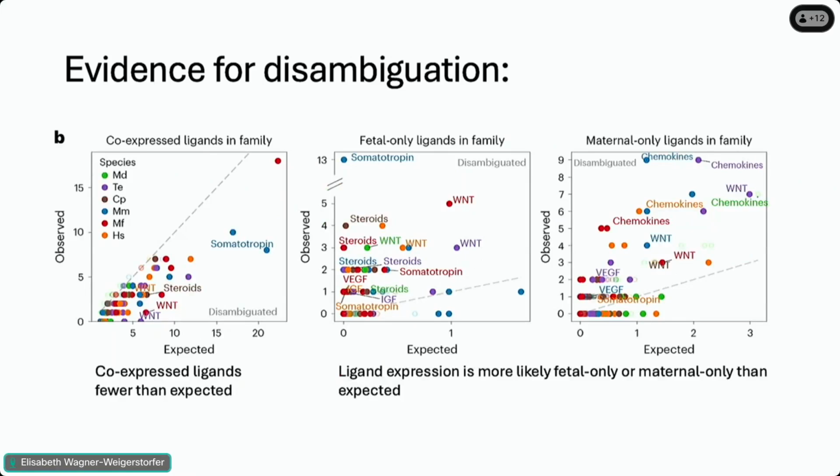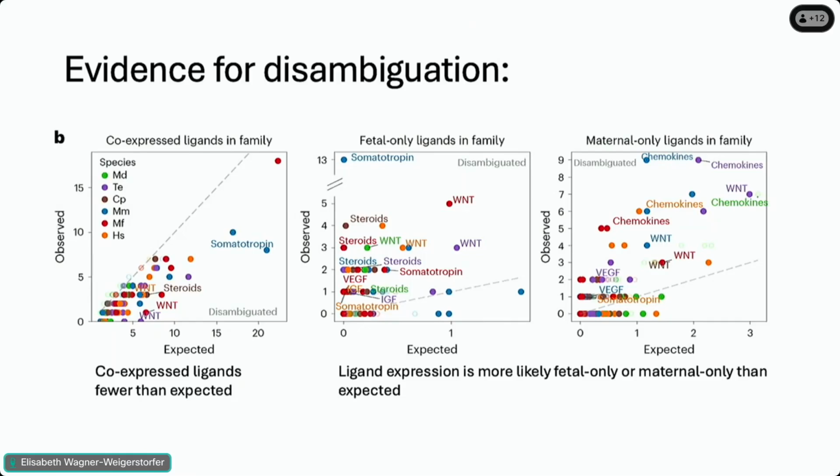So here these are co-expressed ligands in a particular family of ligands, like Wnt or steroids or somatotropins and so on. And the expected number and observed number, if they would be the same, would be on this line here.